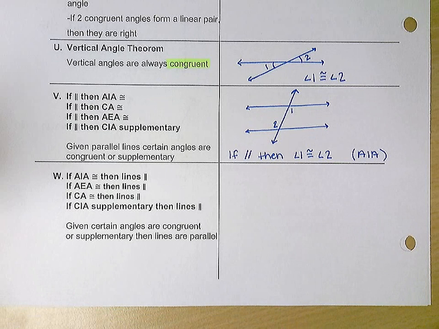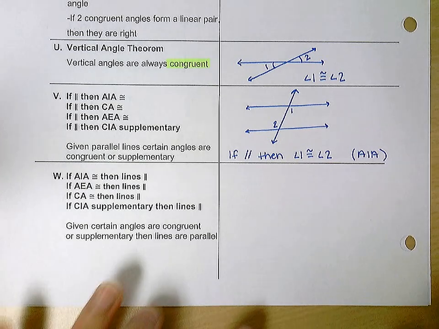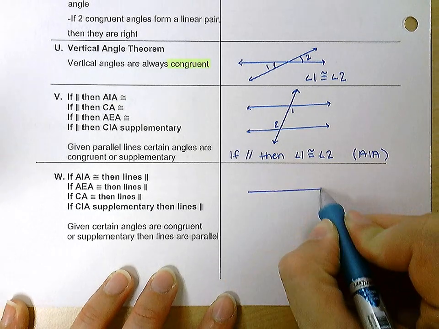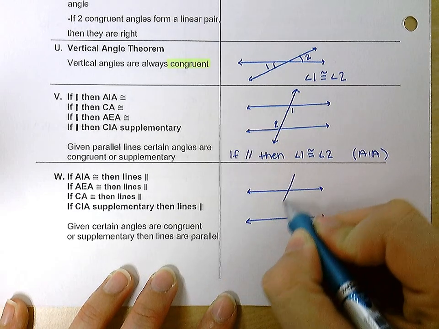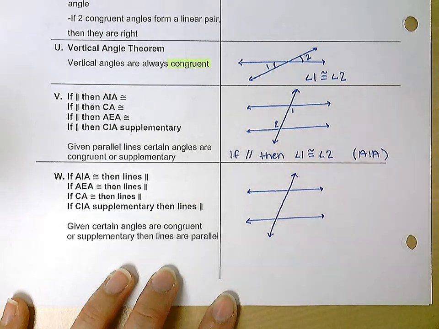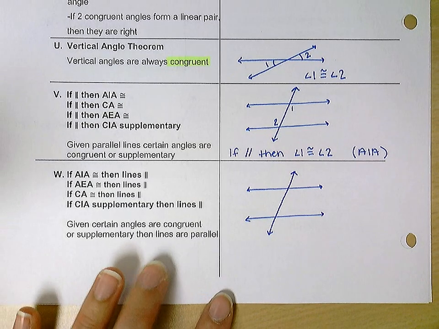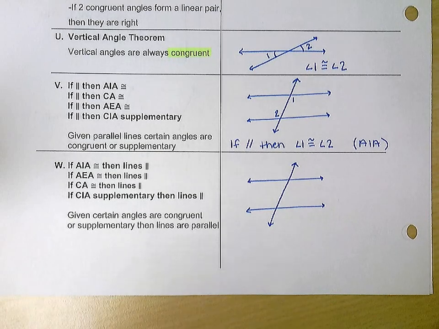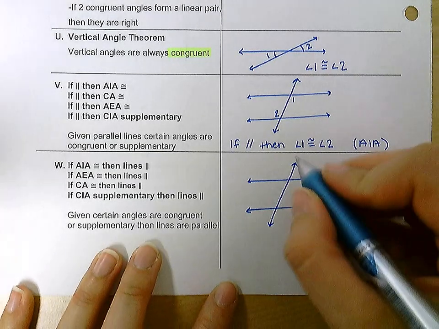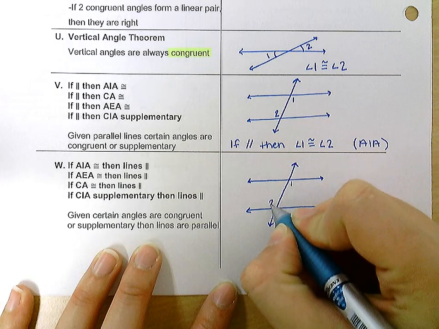We also have the reverse of that. So now if you're given that those angles are congruent or supplementary, then you can say those lines are parallel to each other. So again, we have our lines here with a transversal. Again, I'll label 1 and 2.